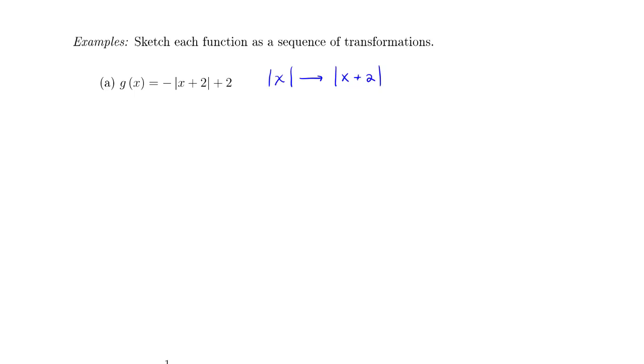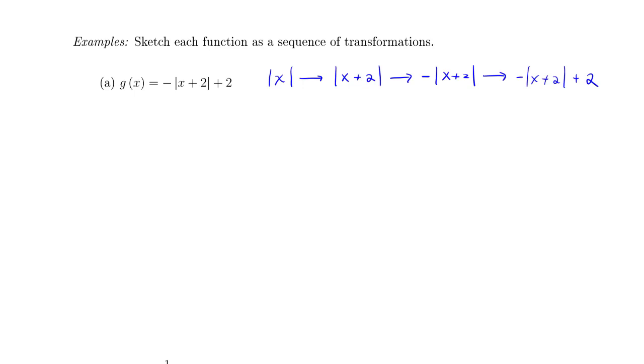Now we're not really multiplying by any numbers, so there isn't any stretching or compressing, but then does come a reflection, so I get negative absolute value of x plus 2, and then finally we have that final plus 2 on the outside, and that's a vertical shift. So negative absolute value of x plus 2, plus another 2. All right, so that's the order I'm going to do these in.